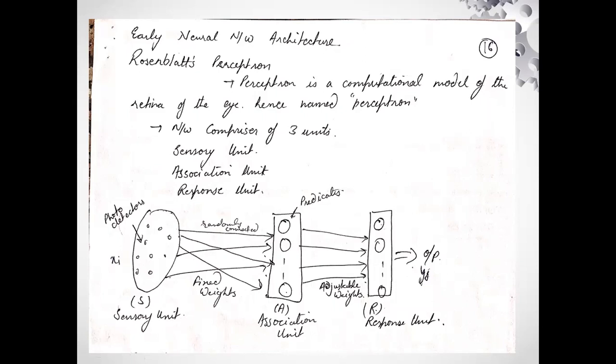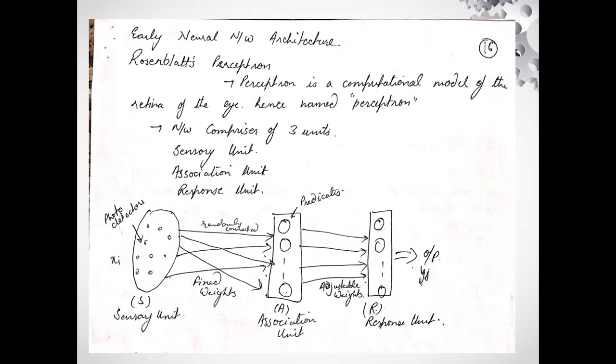That means this unit consists of 400 photodetectors which receive the input signal. So the sensory unit will get the input, which is an electric signal.